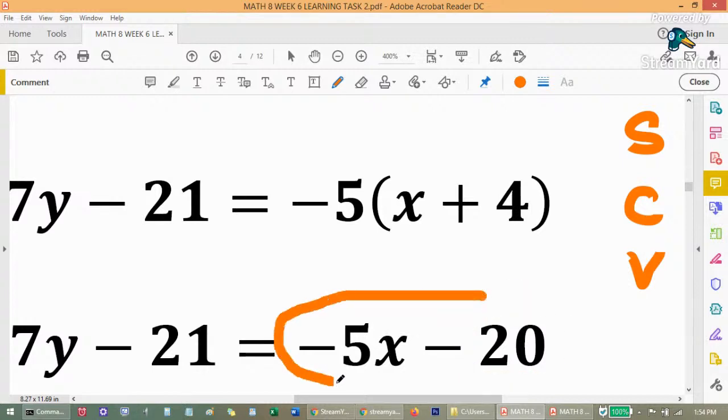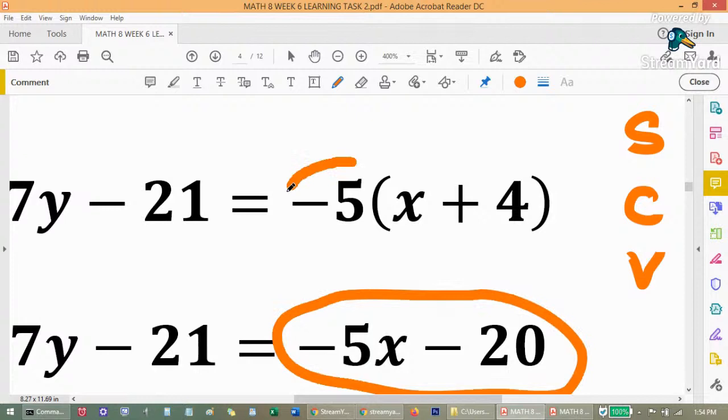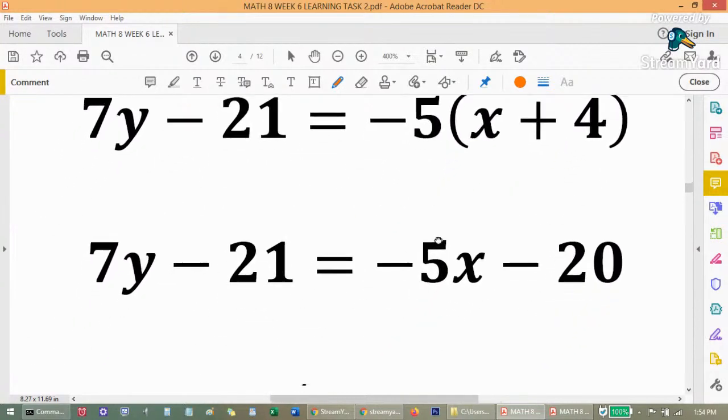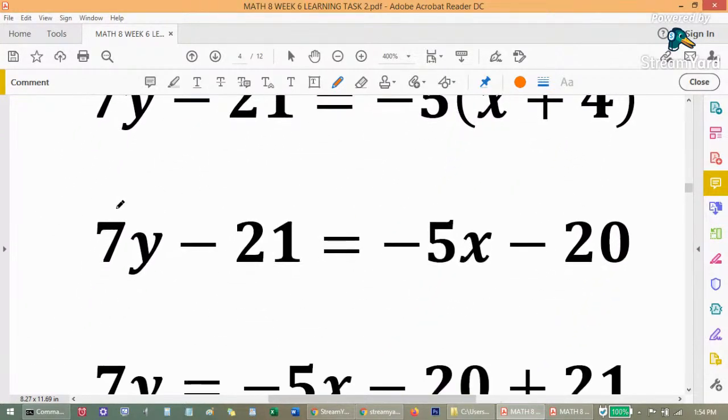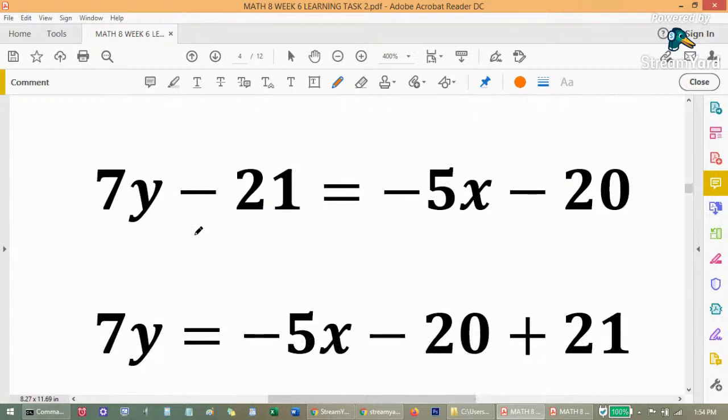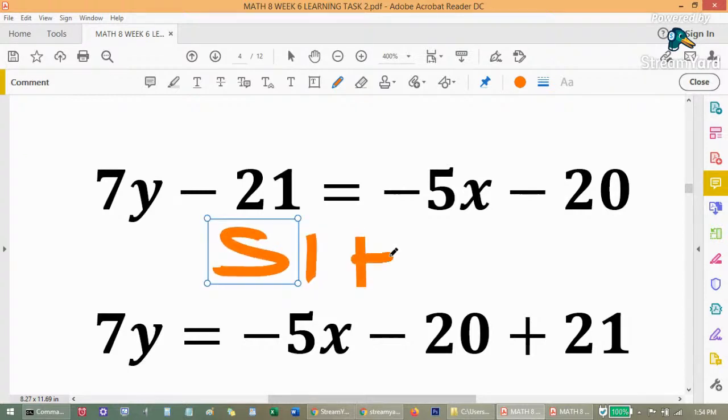So, ibig sabihin, this is the result kapag minultiply mo yung negative 5 sa x at saka sa positive 4. Okay? So, isang linya na lang siya. Gagawin natin siyang slope-intercept form.